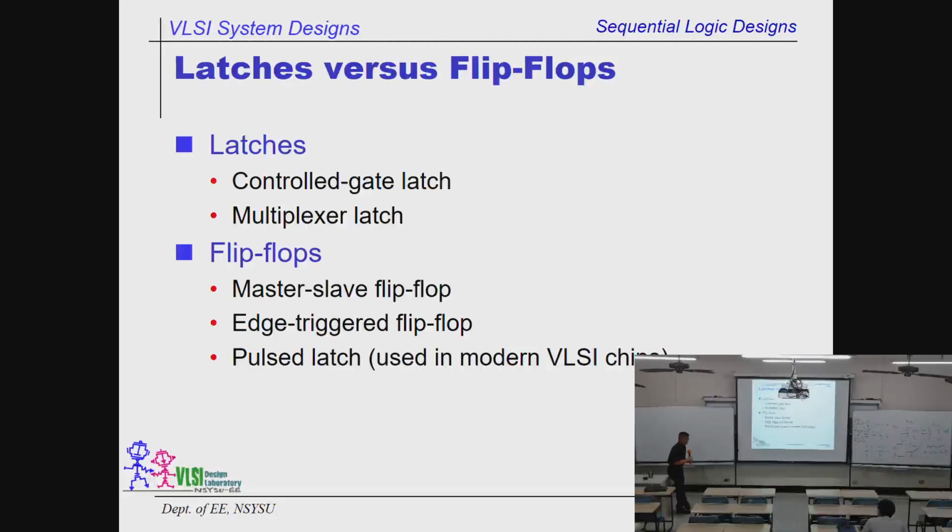And for the design with flip-flops, a lot of students like to use the master-slave. The only problem is that, ideally, the clock before and after the inverter should be perfectly divided. But in fact, it is not.